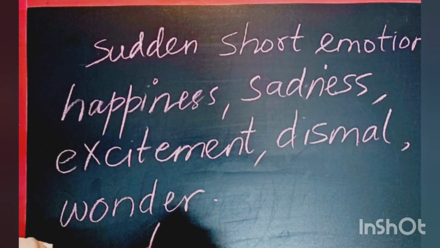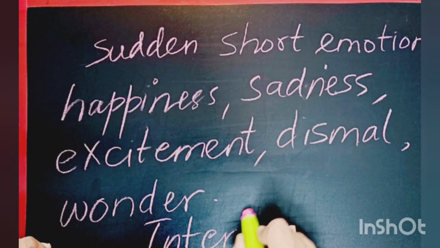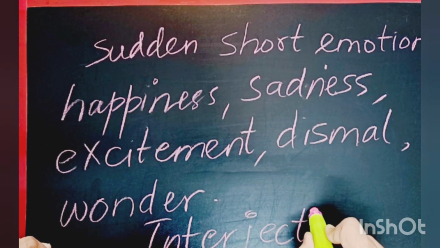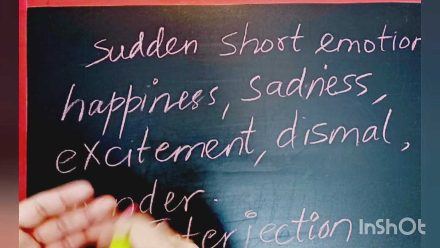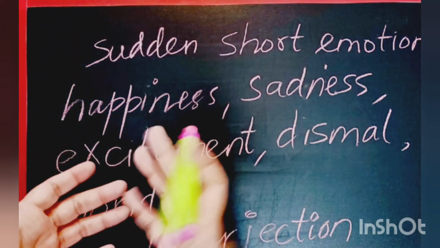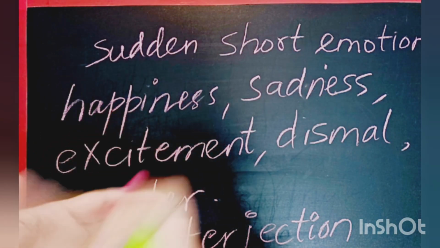So interjections are actually the emotions shown to someone or to some situation that is unexpected, which we cannot conceive at the very moment.